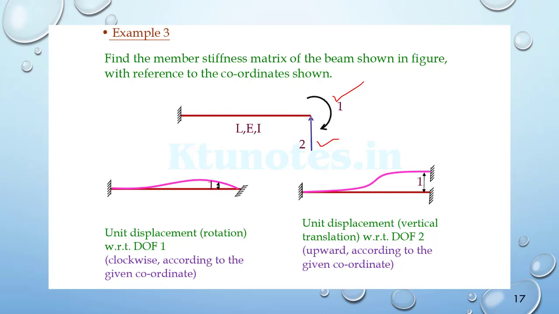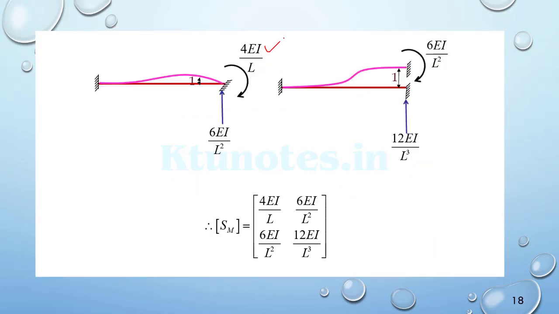So only the stiffness matrix elements will get interchanged. The first case will be the unit rotation and the second case will be the support settlement. The same values 4EI/L, 6EI/L square, 12EI/L cube and 6EI/L square have to be properly placed in the stiffness matrix.